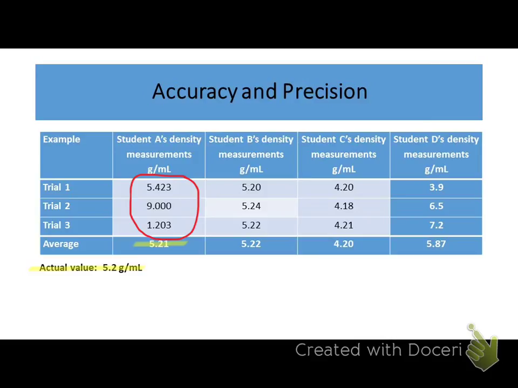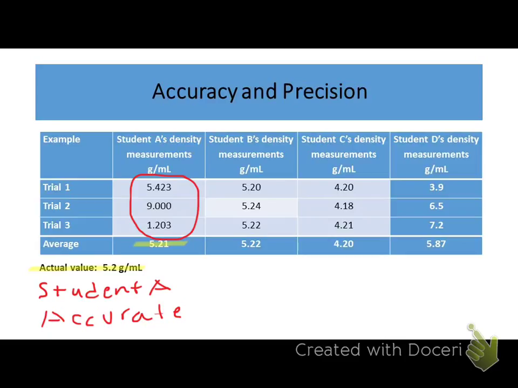So student A: accurate. Now let's look at its precision. To determine if it's precise, we have to look at the 3 data points of the 3 different trials and determine if those data points are very close to each other.